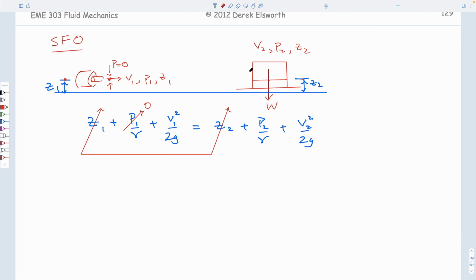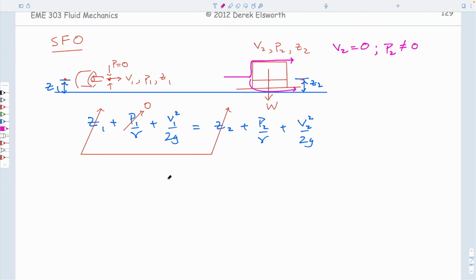And what happens here? This is all atmospheric as well, but if we drew the streamlines that I just kind of drew, this would be a stagnation point, which would be going around it like this, and perhaps underneath it like this. And so this would be a stagnation point. So V2 is equal to 0, which means that P2 is not equal to 0, exactly for the question that was asked.